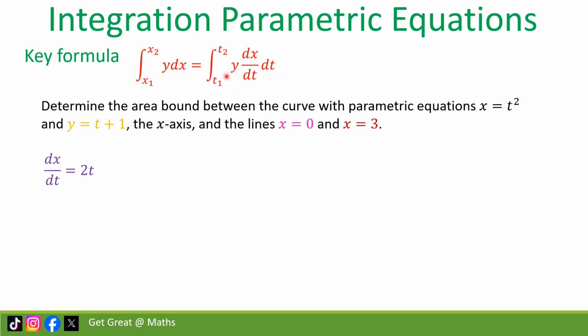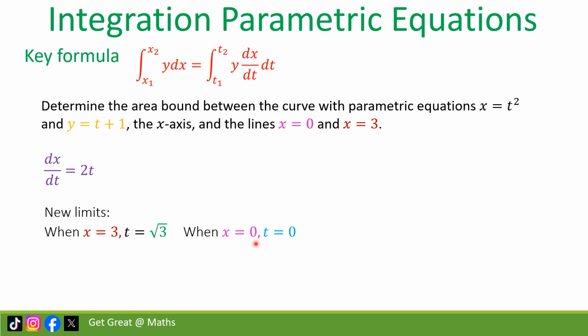I now need to convert my limits. So I need to work out my t1 and my t2 value. So my new limits, if x is equal to 3, t is going to equal root 3.